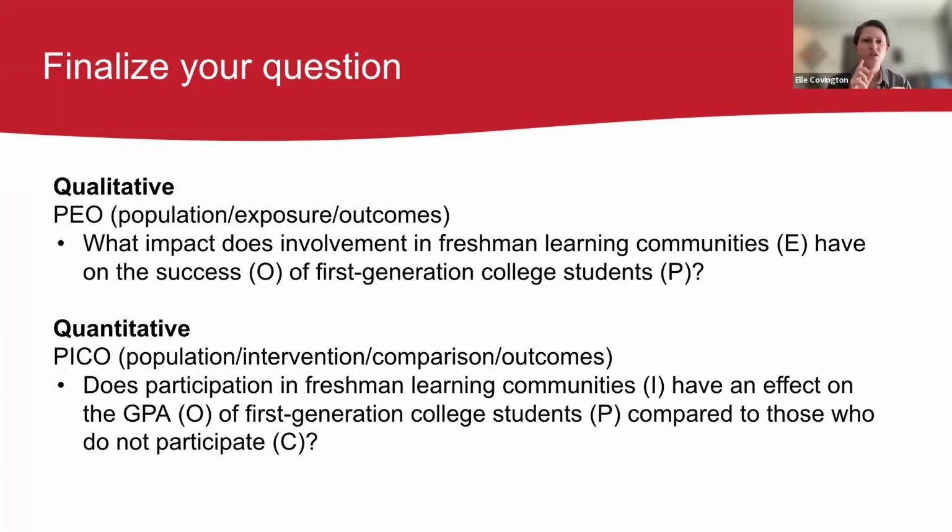This is one specific way of measuring success. GPA of first generation college students, again, our population, compared to those who did not participate. So our comparator: intervention versus no intervention. You might have learning communities versus another intervention, and that would be another good systematic review research question, just depending on what research is out there, right?